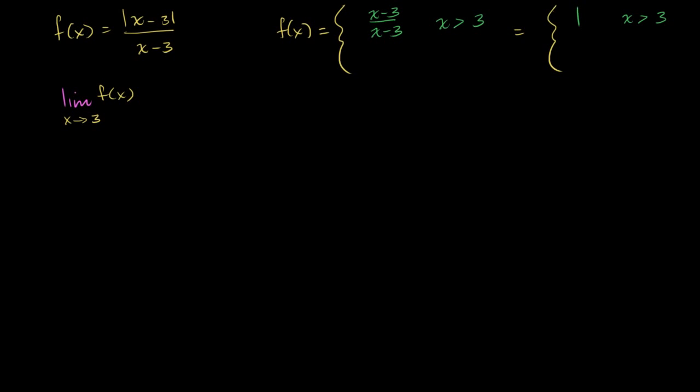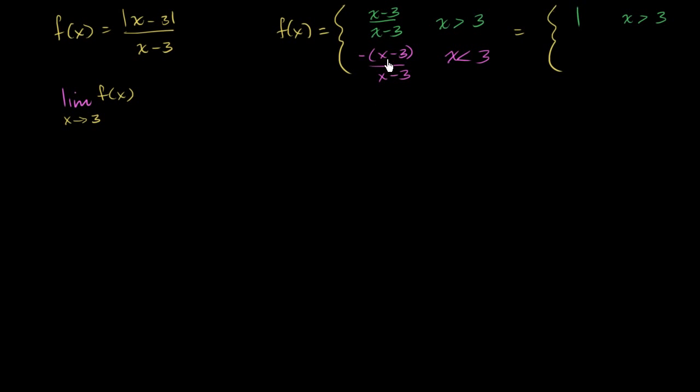Similarly, let's think about what happens when x is less than 3. When x is less than 3, x minus 3 is going to be a negative number. When you take the absolute value of that, you're essentially negating it. So it's going to be the negative of x minus 3 over x minus 3.